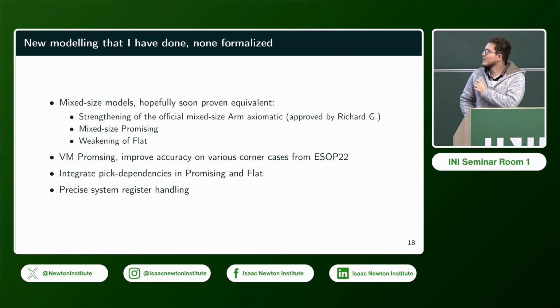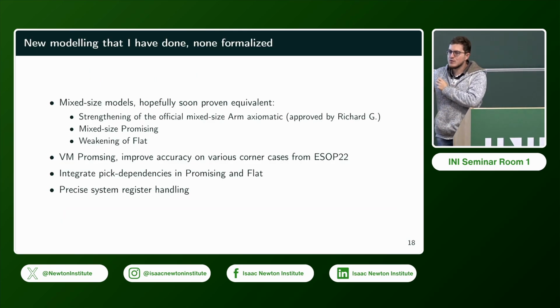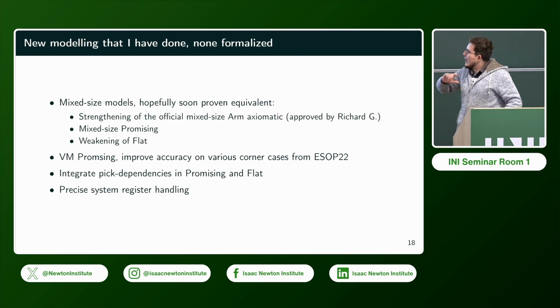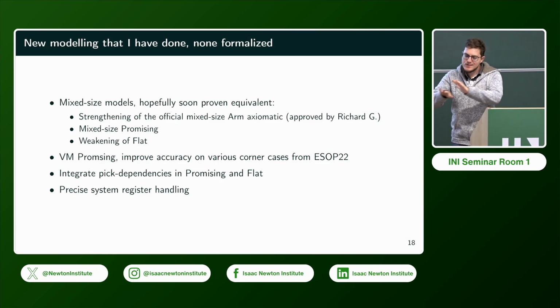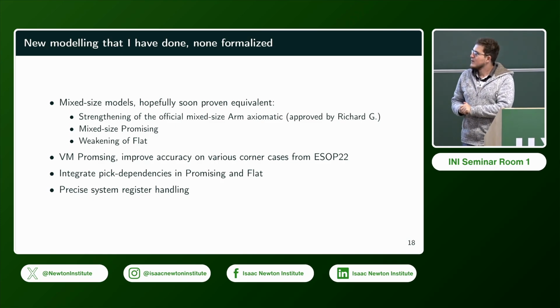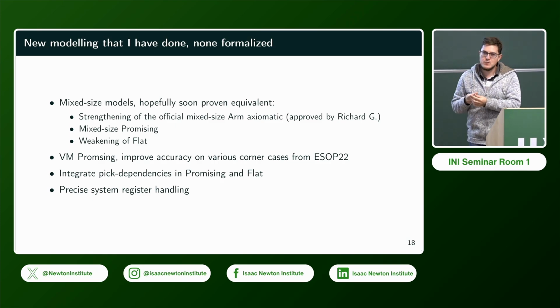As part of making this formalization, I also made a bunch of new models. There is this mixed size work that we talked about previously, where by doing both a strengthening of the official mixed size ARM axiomatic model and a weakening of the flat model, I think we can make them match up. I also implemented the mixed size promising.